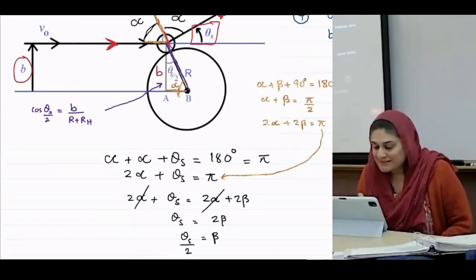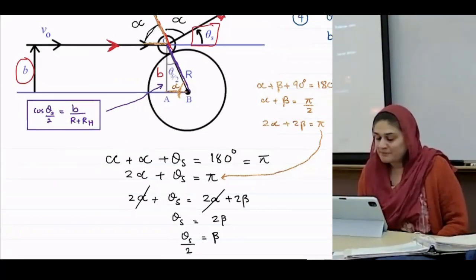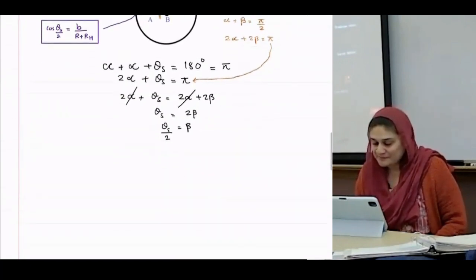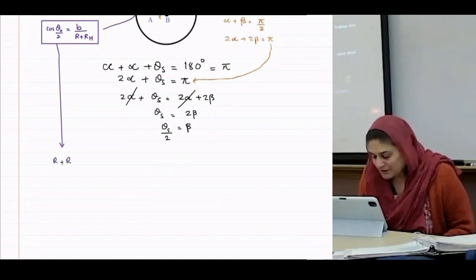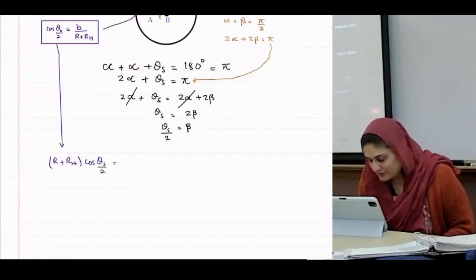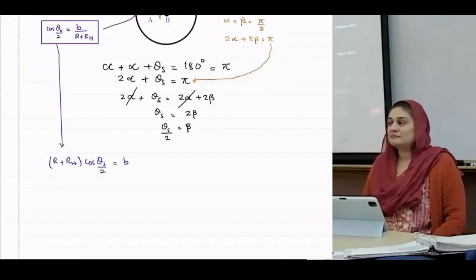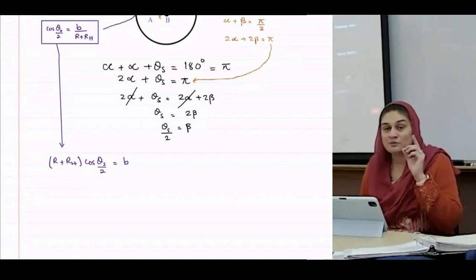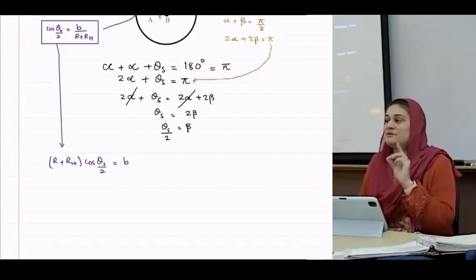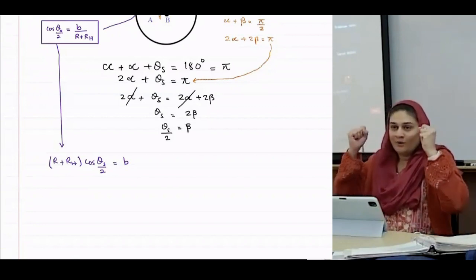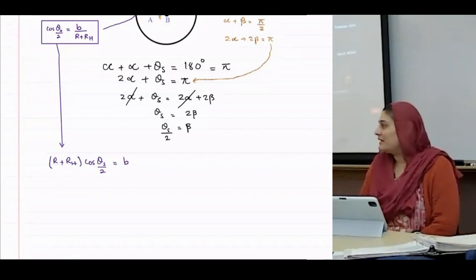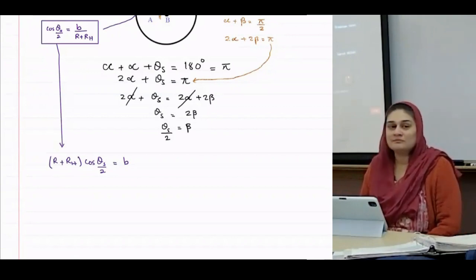Okay, so if I take this purple writing, may I rewrite this as r plus rh cosine of theta s over 2 equals b? I have just redefined the impact parameter in terms of the scattering angle. Woohoo! And done nothing fancy at all.